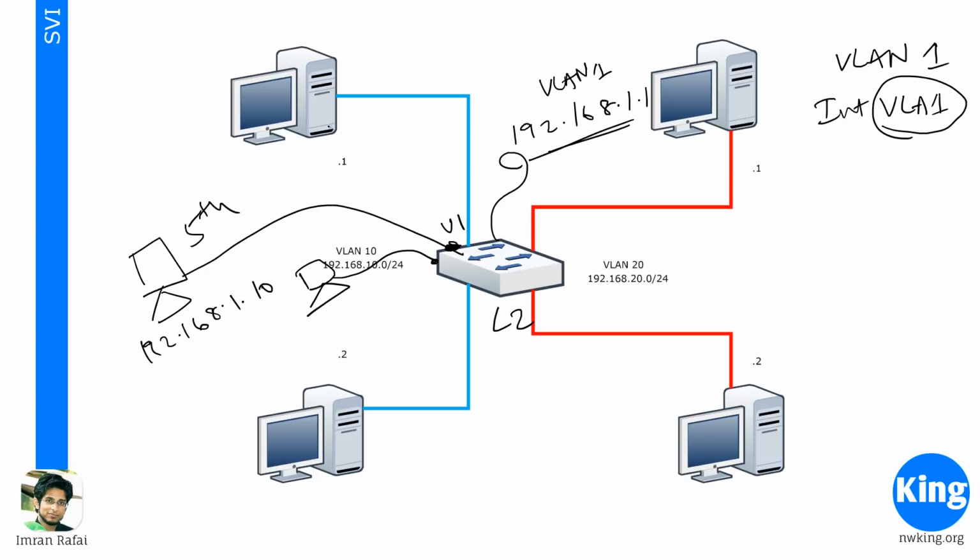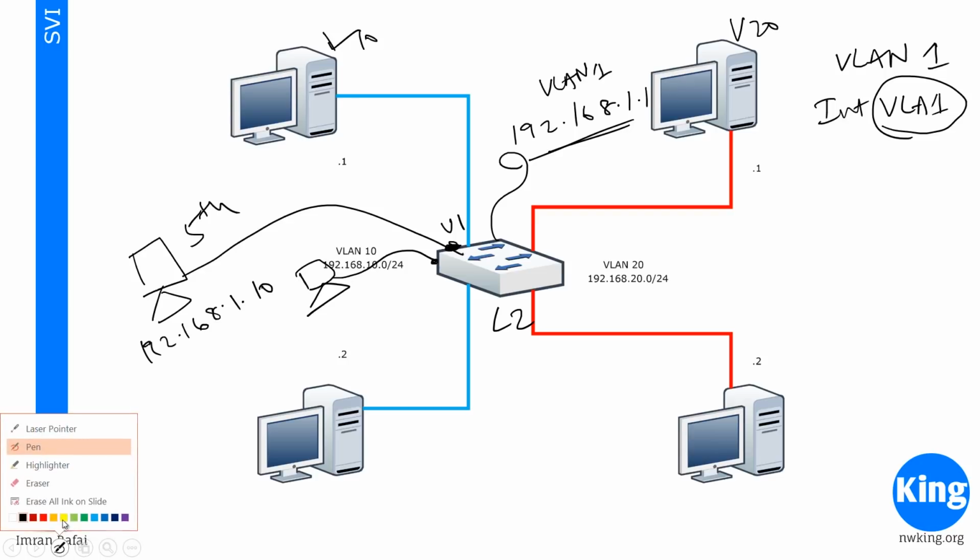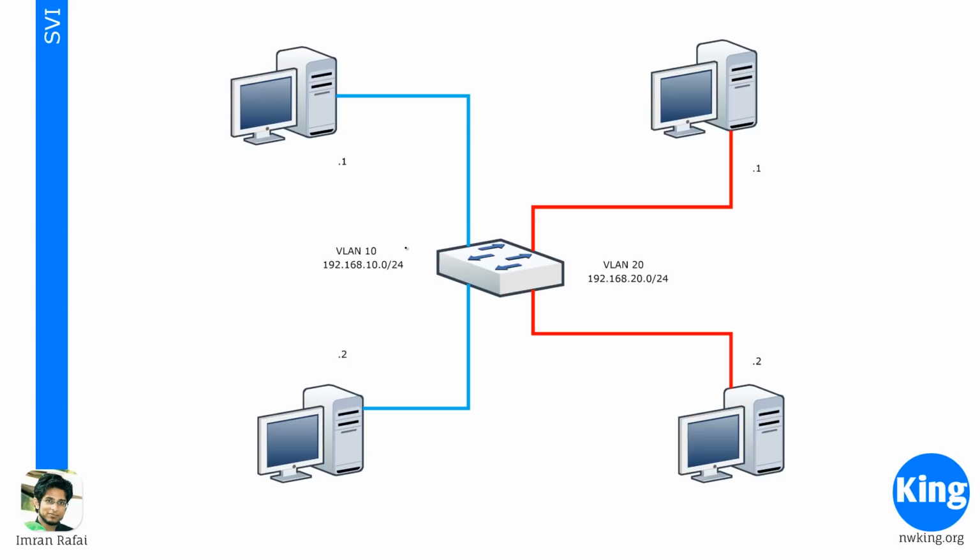But now for our example, we have put this computer in VLAN 10 and this one in VLAN 20, right? So VLAN 10, you're on this network, right? Let me erase the ink. Now this is in VLAN 10 and we have an interface VLAN 1, right? Like I said, there is a virtual interface called VLAN 1.